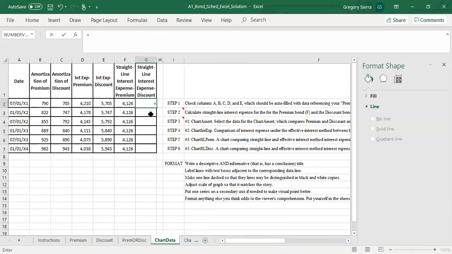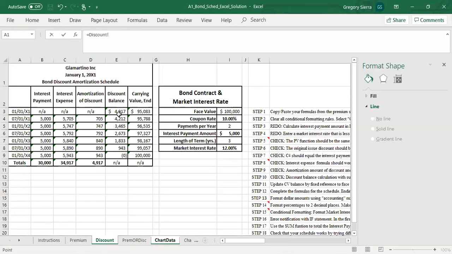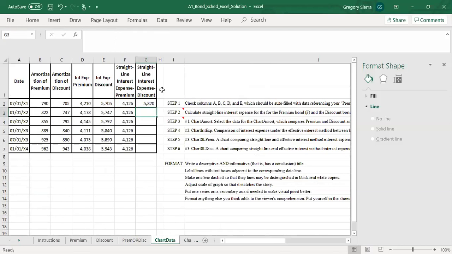For the discount case, go to the discount. It's the payment minus the original issue discount divided by 6. Oh, excuse me. The discount, actually, the amortization increases interest expense. And there we have it. Okay.